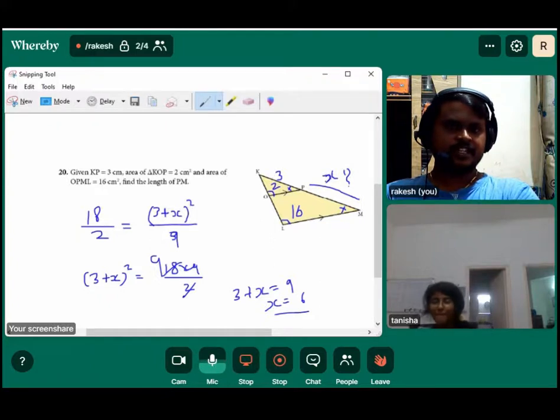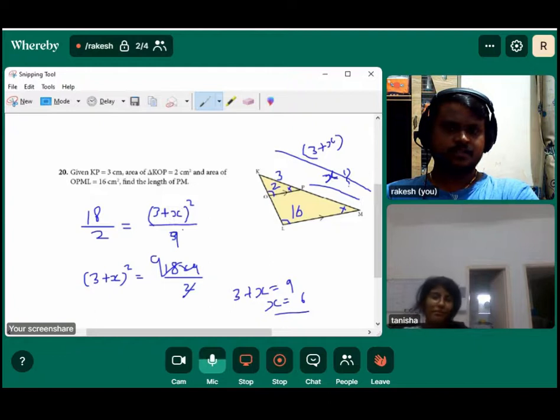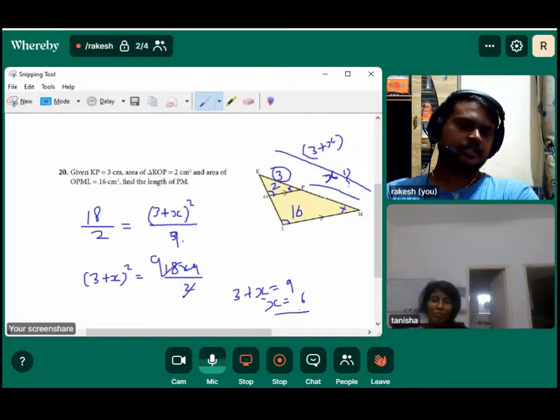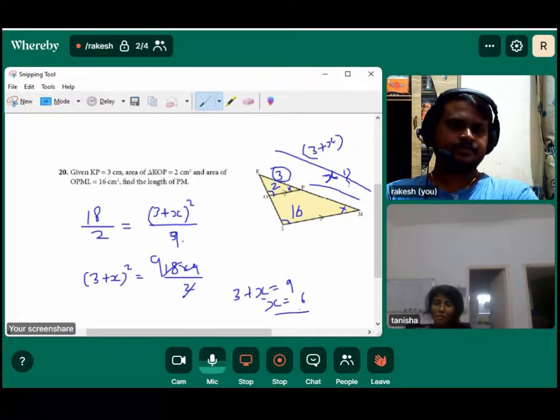If I take this as x, the total length of this side would be 3 plus x, so I have to consider 3 plus x the whole square upon 3 square, which is 9. Then I simplify that, so we got x as 6. Any doubt here?